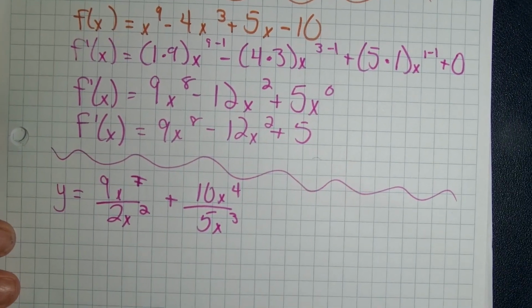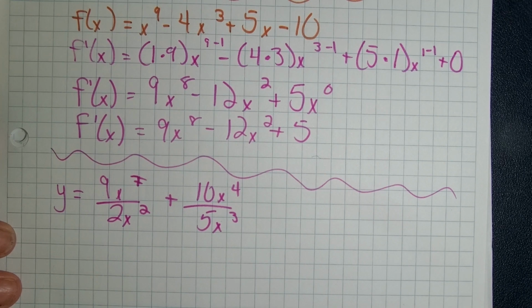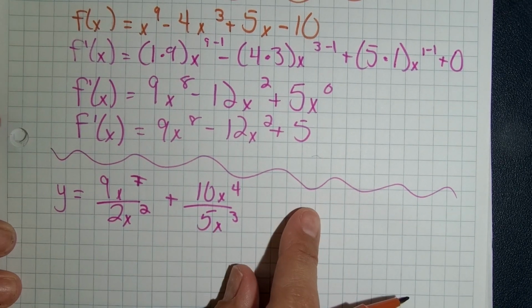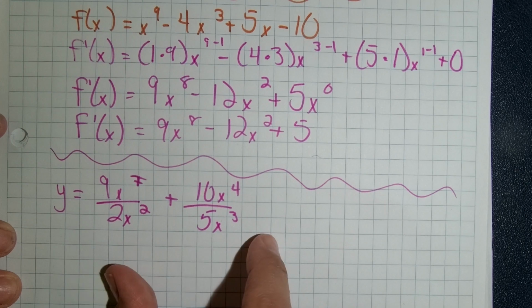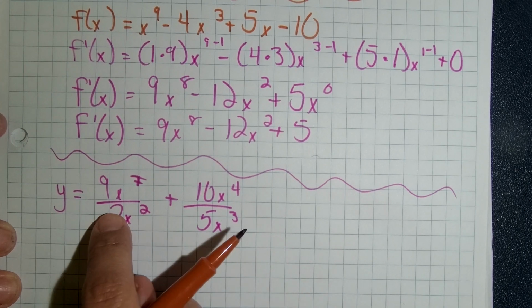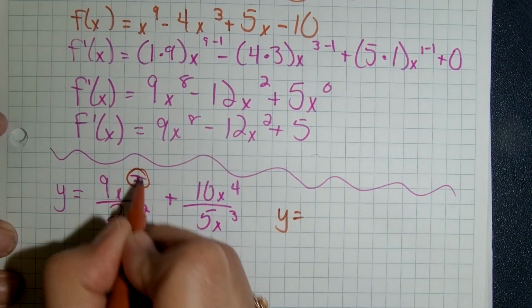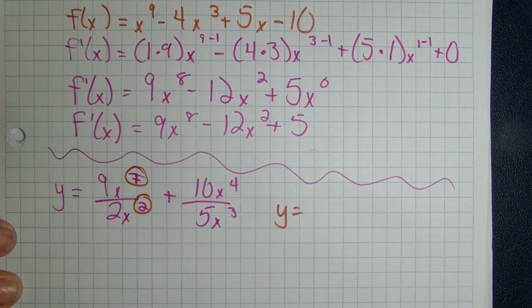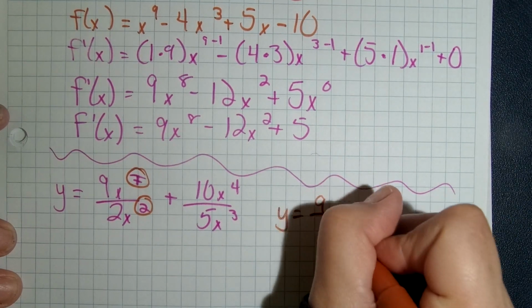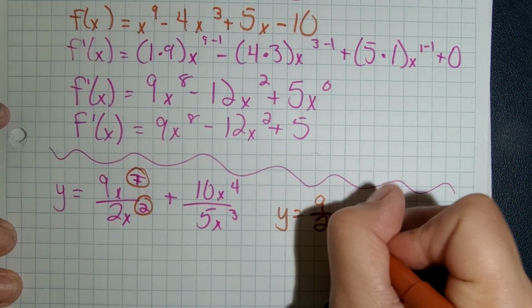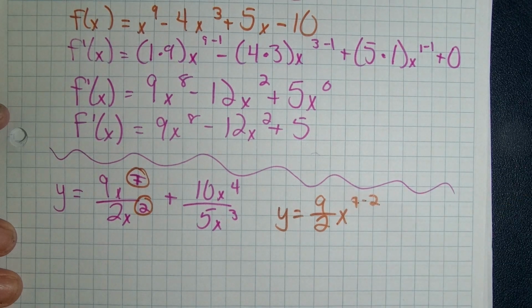Okay, here we have to use our exponent rules. So before I start taking the derivative, I need to simplify the exponent. So using my exponent rules, I know that this is division. Division means that I'm going to subtract the two exponents, but keep the coefficient the same. Are there any questions?